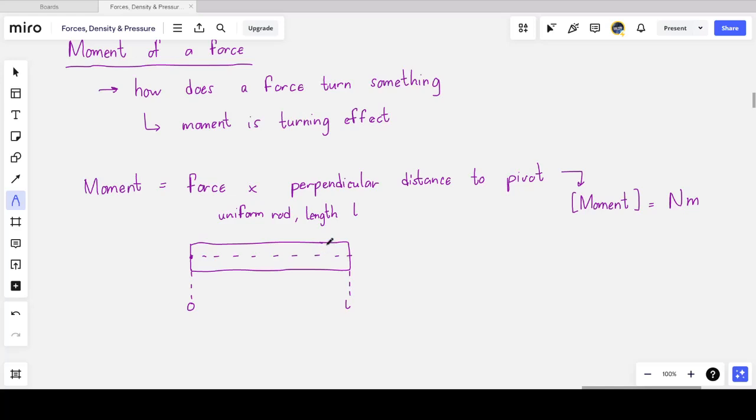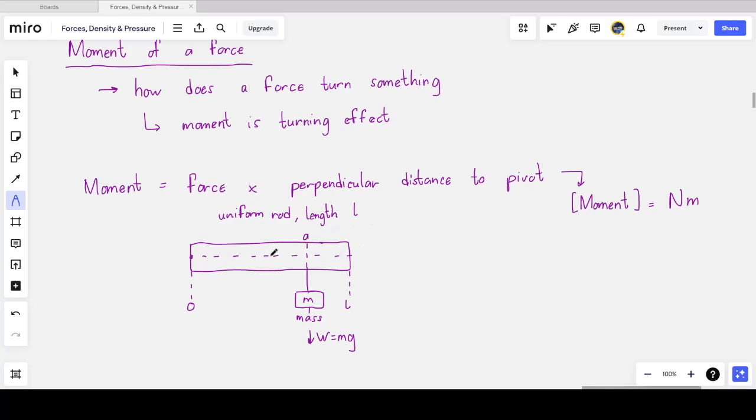I'm going to hang a mass M, and this mass is going to have its own weight. I'm going to call it W, and this W is equal to mg. And this mass I'll place at a point A along the horizontal axis.